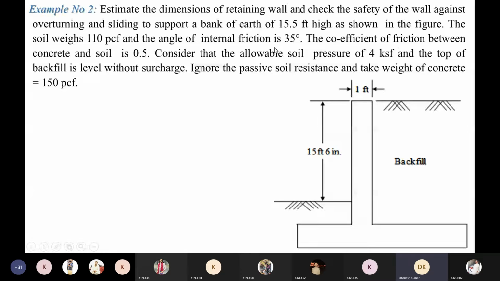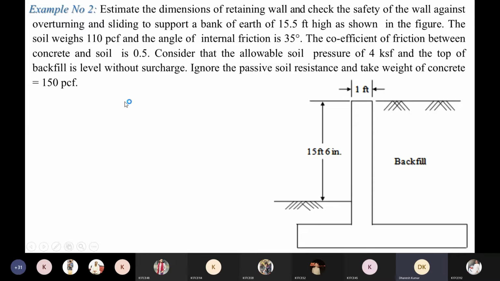The coefficient of friction between the concrete and the soil is 0.5. Consider that the allowable soil pressure is 4 ksf and the top of the backfill is level without surcharge. Ignore the passive soil resistance, and take the weight of the concrete as 150 psf.